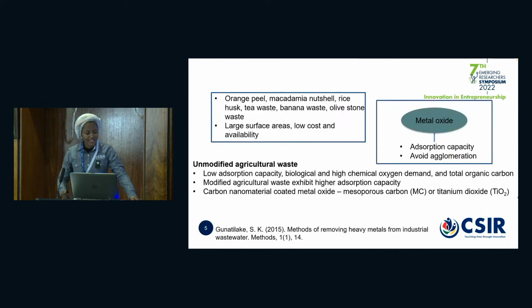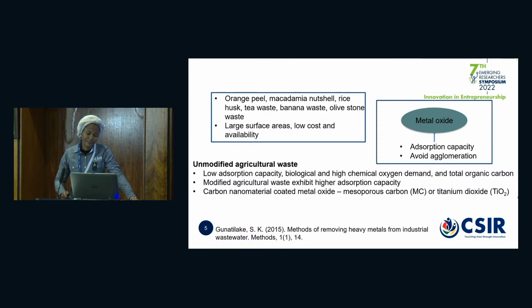There are already inexpensive and locally available agricultural wastes used as adsorbents, and these are orange peel, macadamia nutshell, rice husk, tea waste, banana waste, and olive stone waste, used due to the larger surface area, low cost, and easy availability.